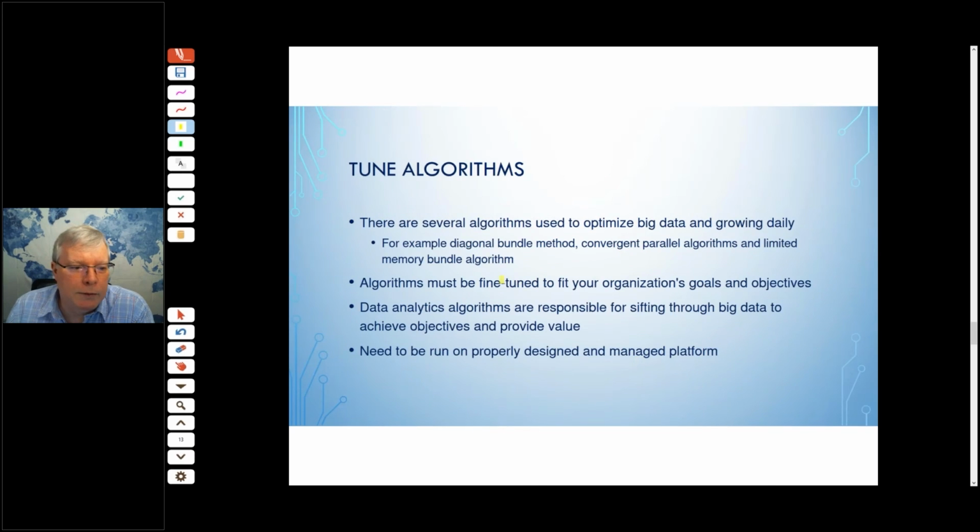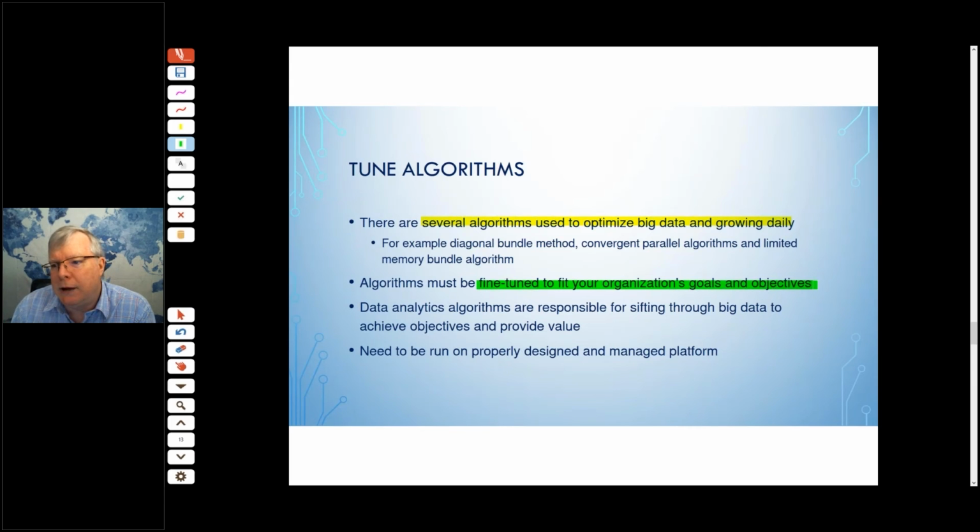Tuning the algorithms is, again, another way of working with big data, especially. We don't just leave our machine learning algorithm or our AI algorithm on its own and let it run forever. As the data changes, as the underlying machines change, then we need to be kind of proactive, fitting, of course, the data to the objectives and the goals of the organization.